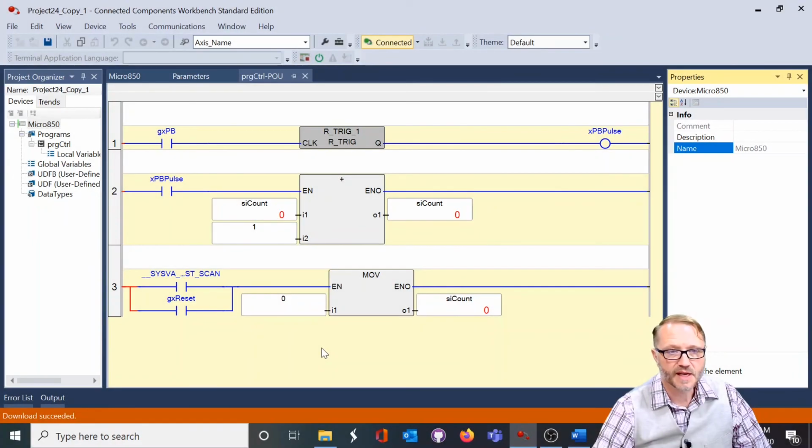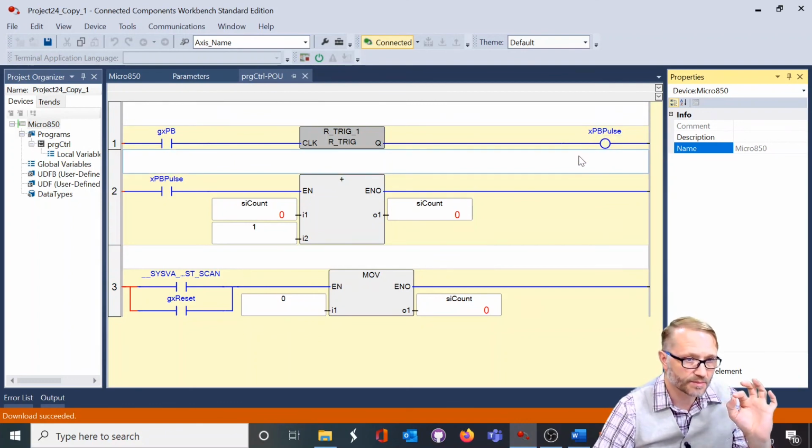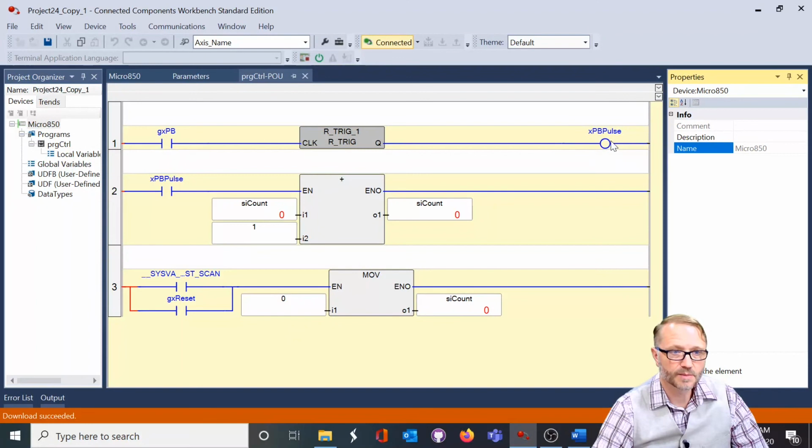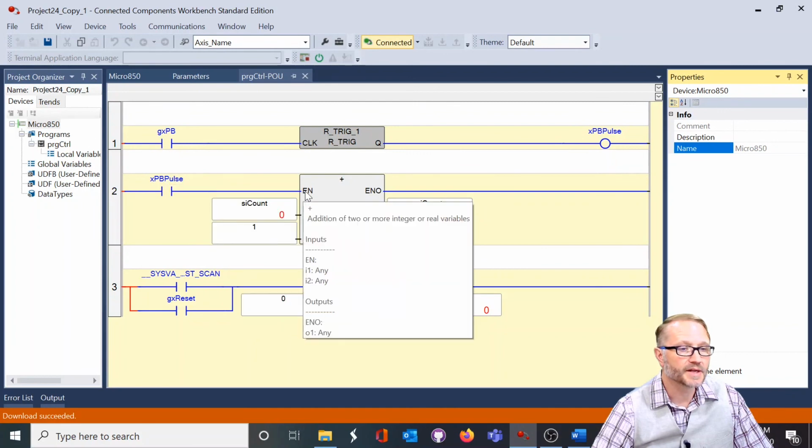This is another example I thought you might be interested in. On rung 1, we have a global Boolean called push button, that goes through our trigger to make a pulse. So every time the push button is initially pushed, we'll get a single pulse here. Rung 2 picks up that pulse and is used to enable this adder.